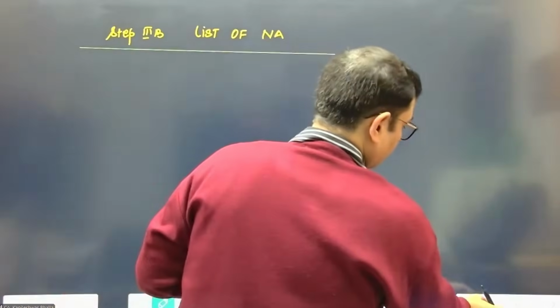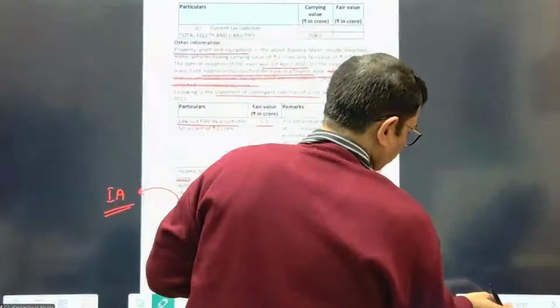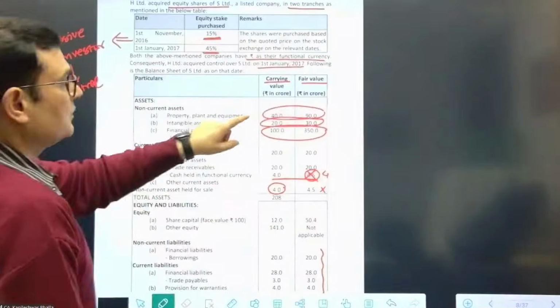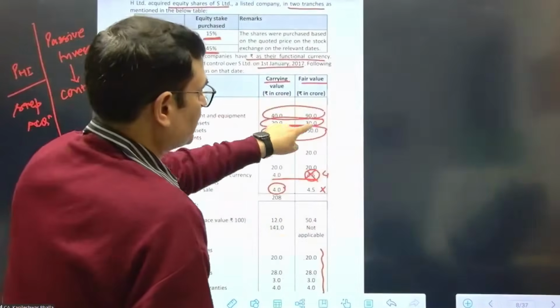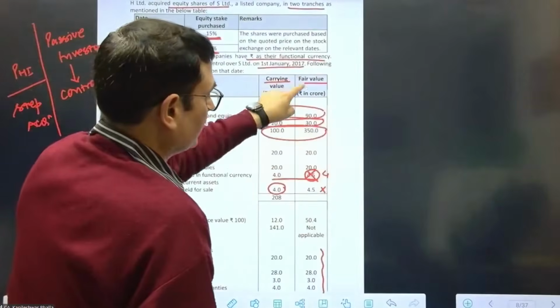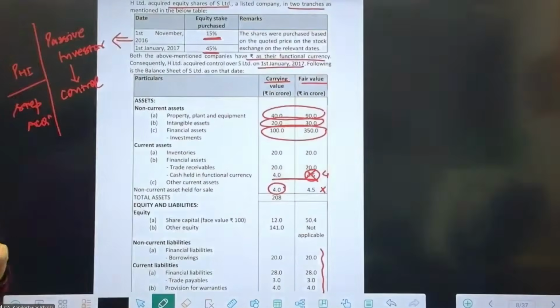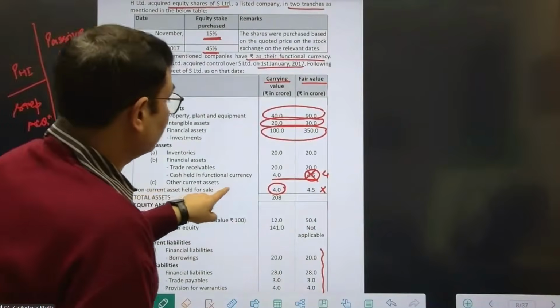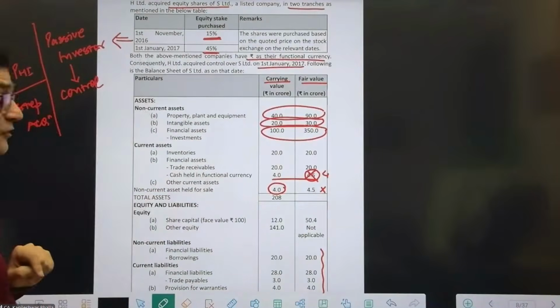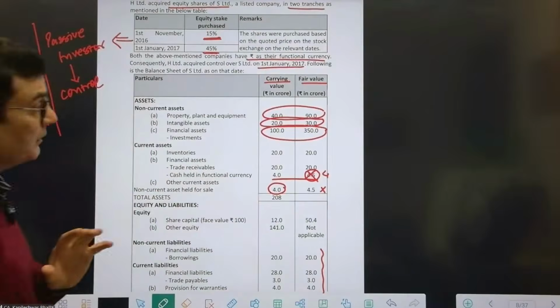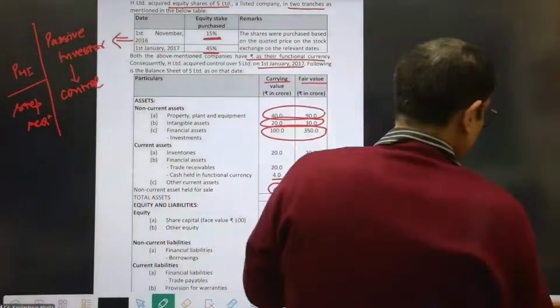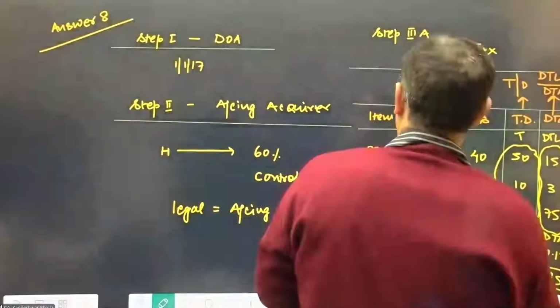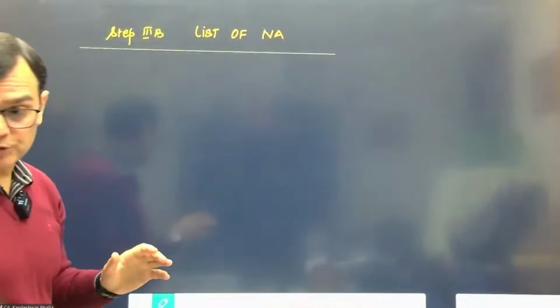I'll just show you the data, then I'll pick it from the question. We're going to take this column as a base and pick up all the assets and liabilities at fair value in the balance sheet. Apart from the contingent liabilities, we'll also consider NCA at this value, and we have indemnification assets also into account. So let's go step by step. I'm just keeping the question in front of me. You can also keep the question in front of you for better results.